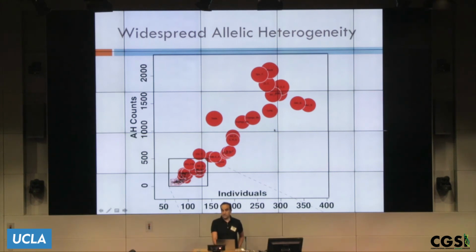Each of these points is a different sample, and that sample has a certain number of individuals. I'm plotting how many genes we found with allelic heterogeneity. So what does this plot tell us? Exactly. Really what this told us is that it's probably everywhere, and we're only limited in seeing it by how many samples we have. Okay?